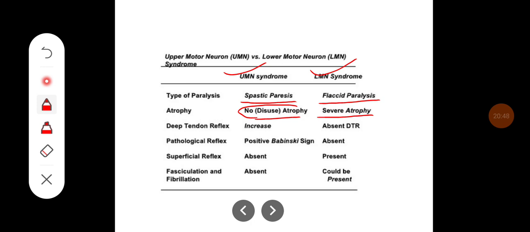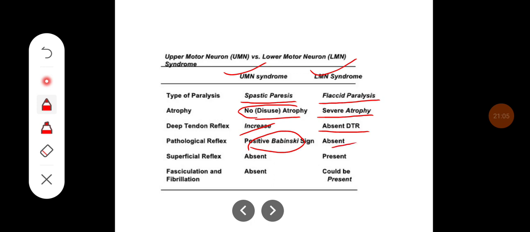The deep tendon reflexes are exaggerated in upper motor neuron lesion, absent in lower motor neuron lesion. There can be a positive Babinski sign in upper motor neuron lesion. The plantar reflex is absent in lower motor neuron lesion.